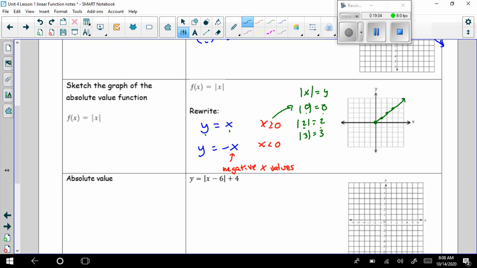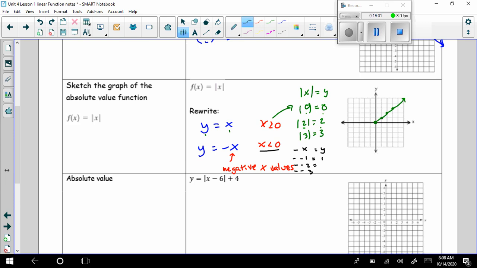For the flip side of that, if I'm graphing -x, but all my values have to be less than 0, that means I'm doing -1, -2, -3. And so because I have 2 negatives, that y value still ends up equaling x.